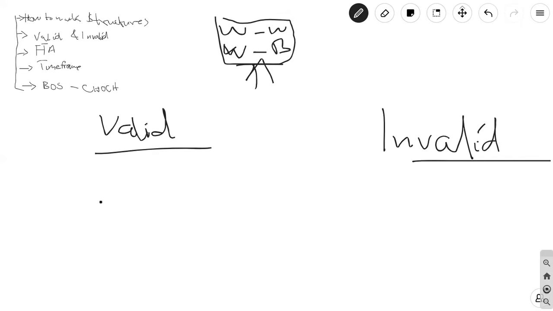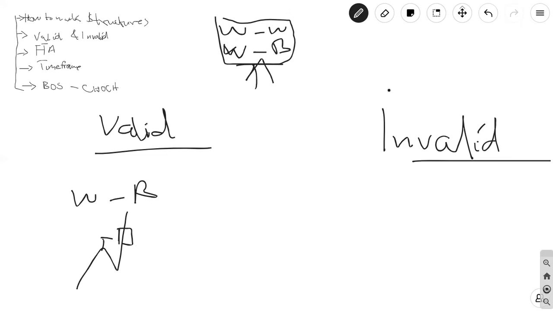In a valid break, we need to see a clear wick to body breakout. Meaning if we have a break of structure here, we need to see this wick here being broken by body. Understand?